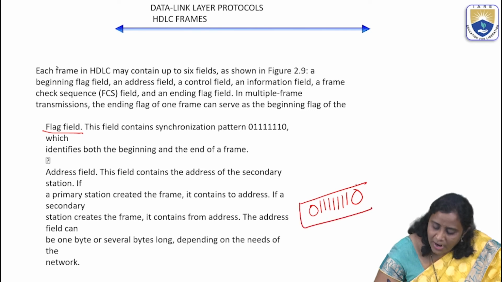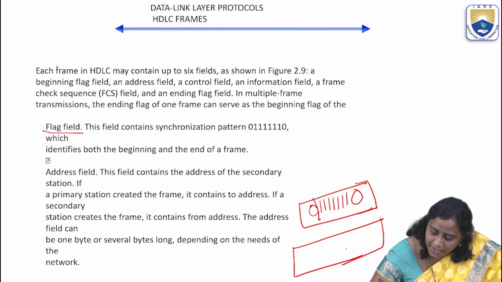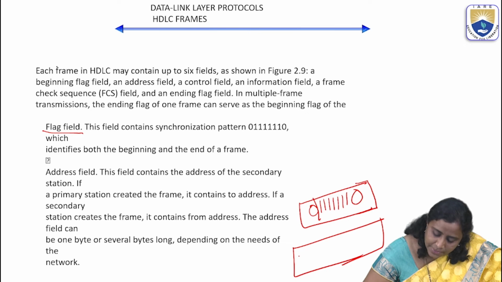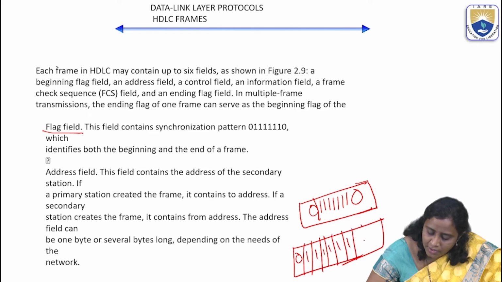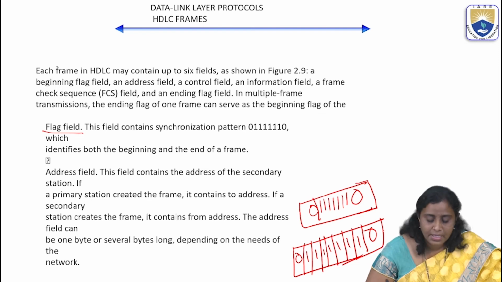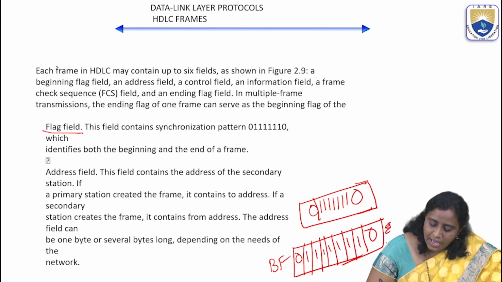If you slice the frame, it will be 0 1 1 1 1 1 1 0. We need to slice one frame in this mode only. Here we need to identify two parts: the beginning flag and the ending flag, consisting of both the header and trailer.